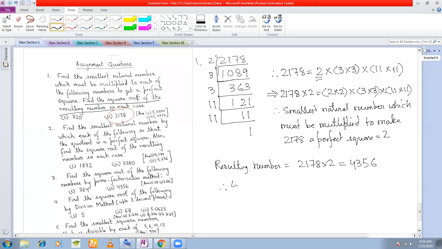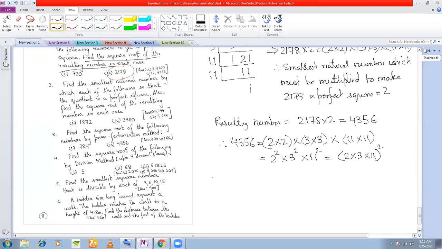So therefore, 4356 is equal to 2 into 2 into 3 into 3 into 11 into 11, right? So that means this is equal to 2 square into 3 square into 11 square, which can be written as 2 into 3 into 11 whole square.